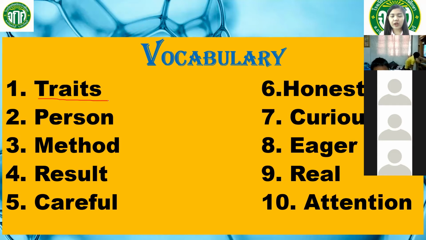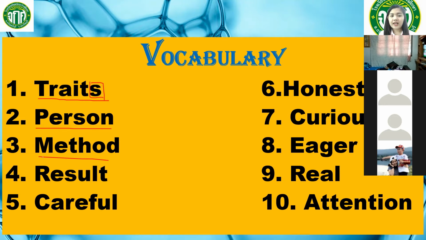Okay, everyone, follow teacher. Number one, traits. Traits. There is letter S here. Number two, person. Again, person. Very good. Number three, method.